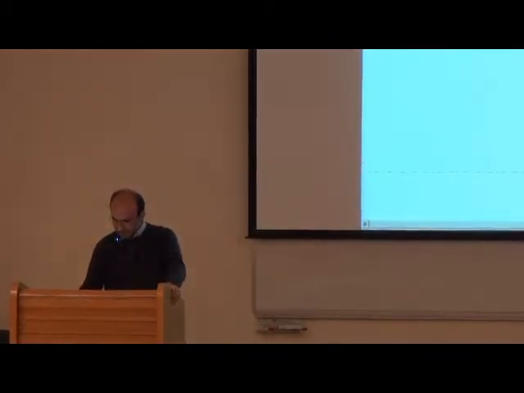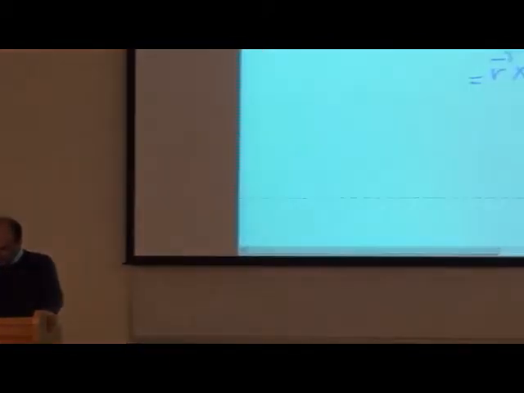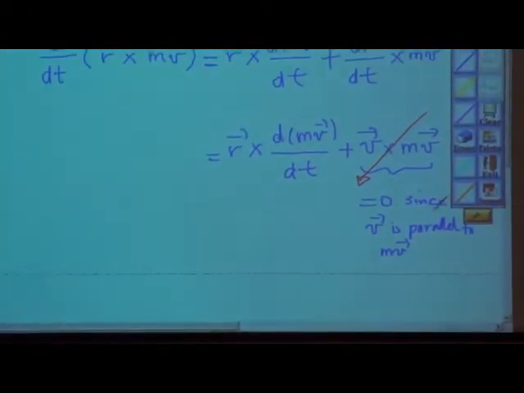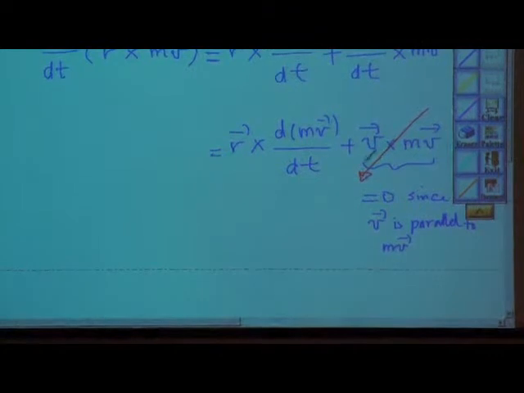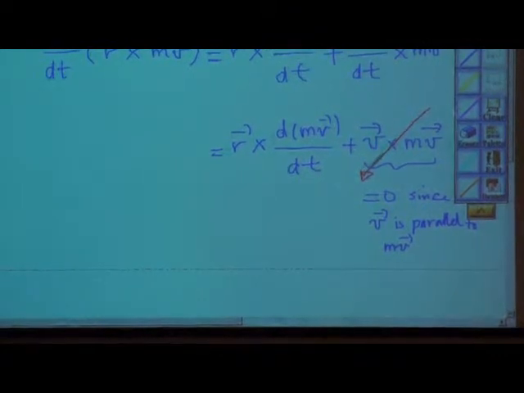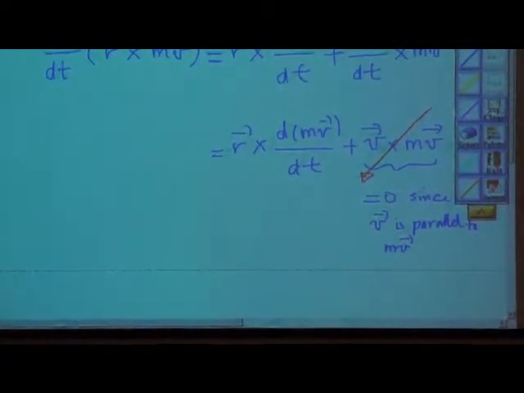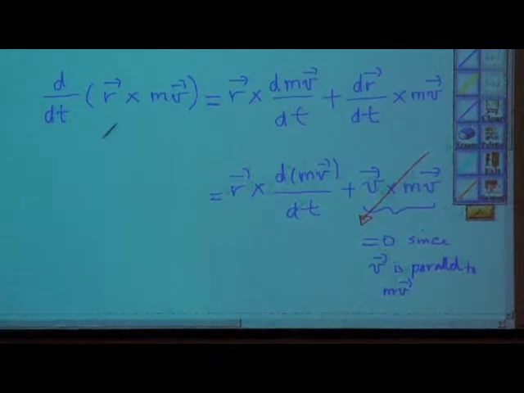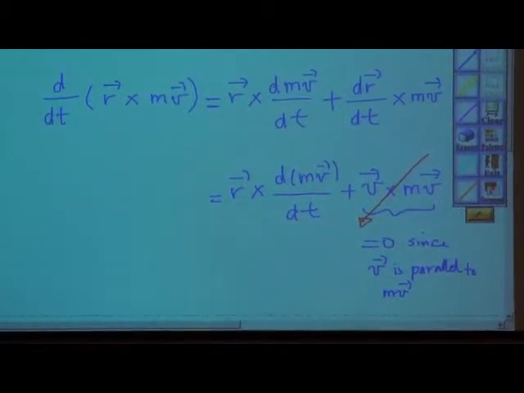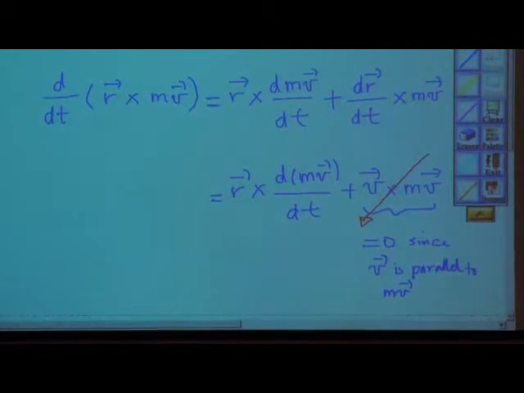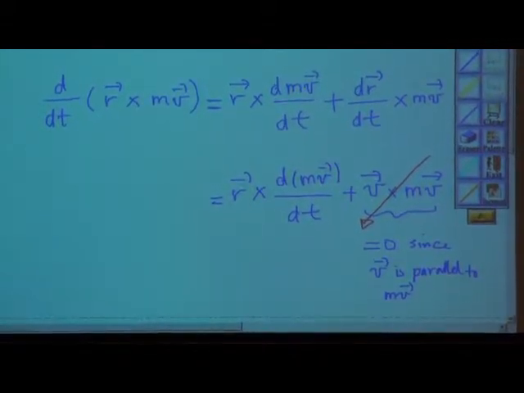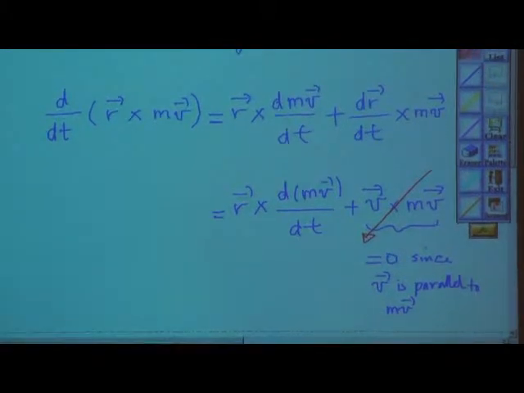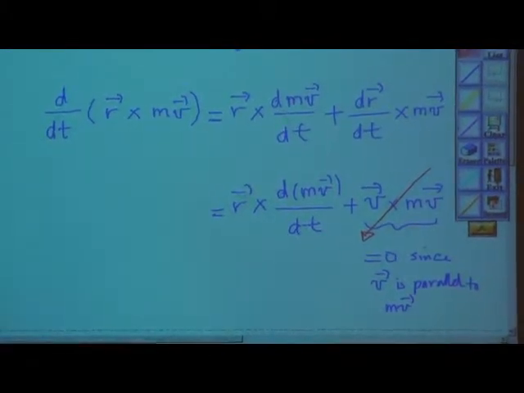So the second term here goes to 0 because v and m times v in cross product will give you 0. What's left here is what you were trying to investigate. That is, R position vector cross product with the force vector.